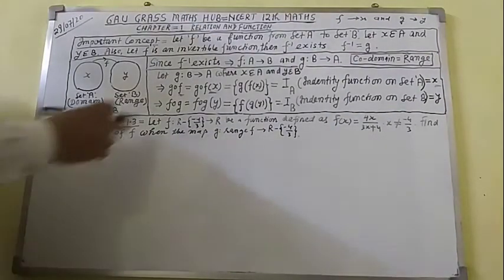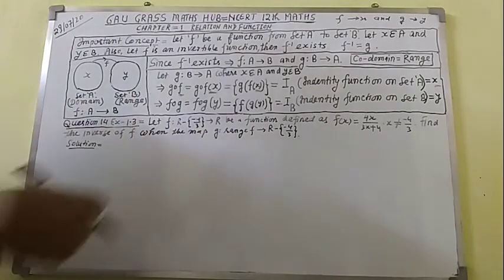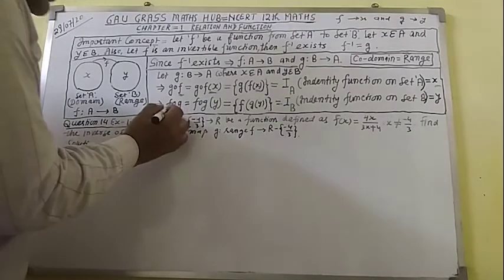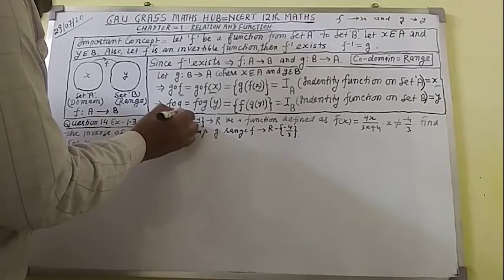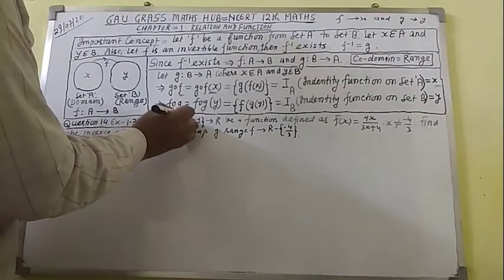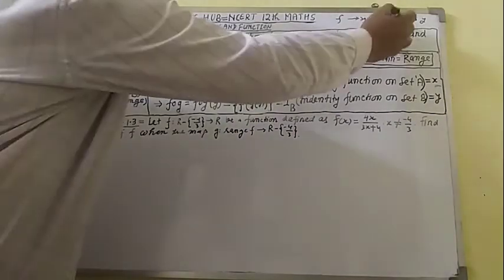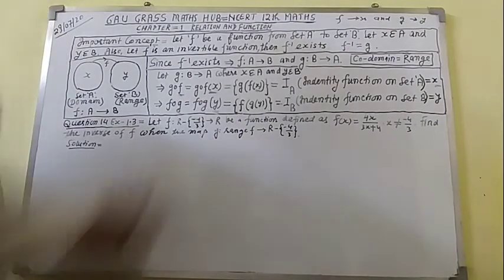Now come to the next. Here you can see f of g. In f of g, the last letter is g. So here g is related to y. So here write f of g in bracket y.